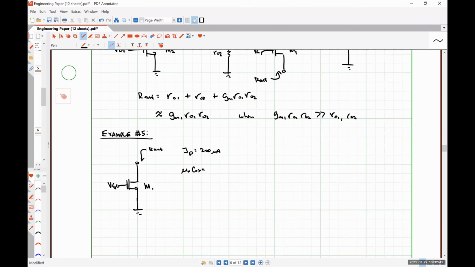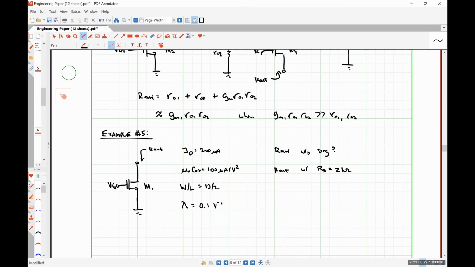We have a mu_n Cox of 100 microamps per volt squared, an aspect ratio of 10/2, and a channel length modulation coefficient of 0.1 per volt. I want to know what our R_out is without degeneration, with a source degeneration resistance of 2 kilo ohms.